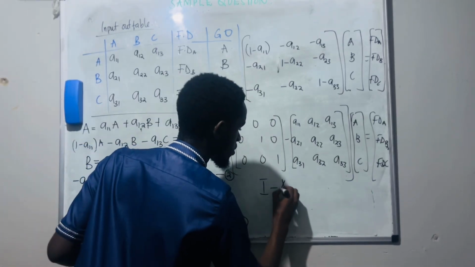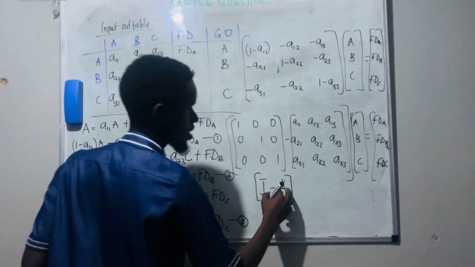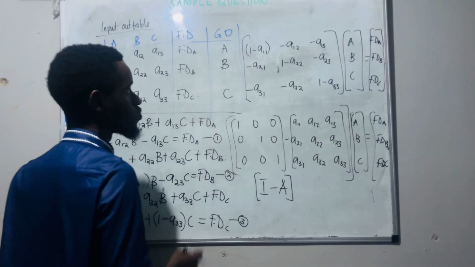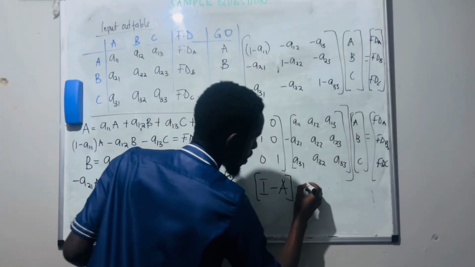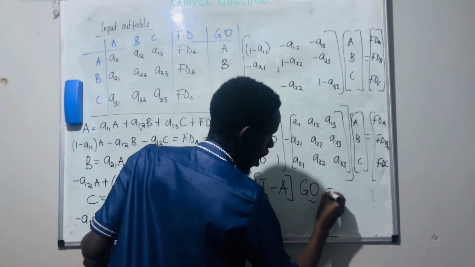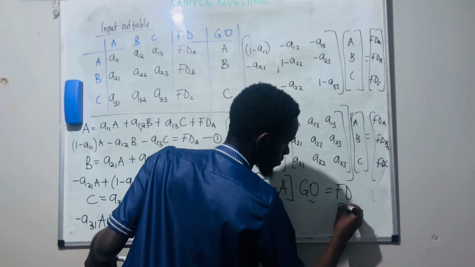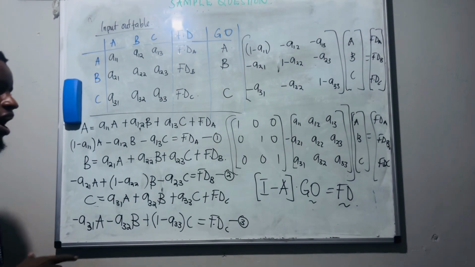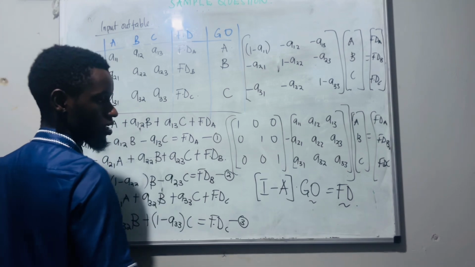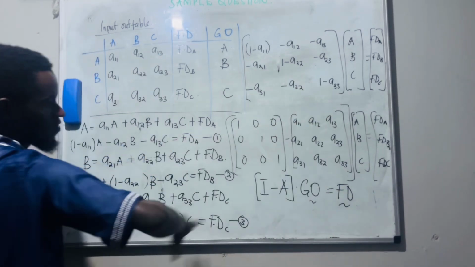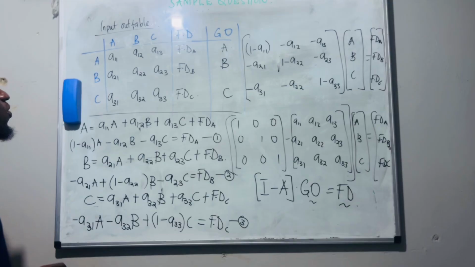So A minus I, then this is our gross output matrix, equals our final demand matrix. Members, are we on the same page, that I minus A times the gross output equals the final demand? That's from this expression. I think we are okay.